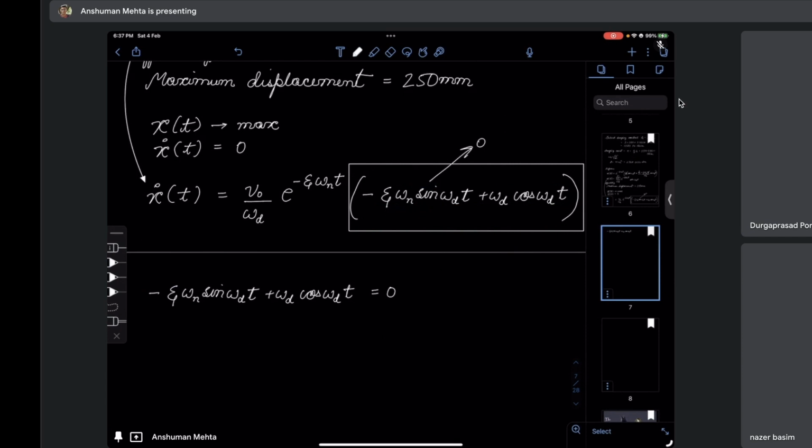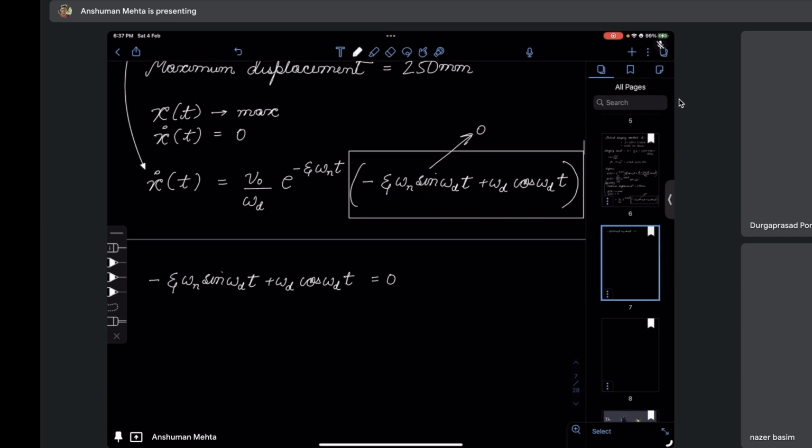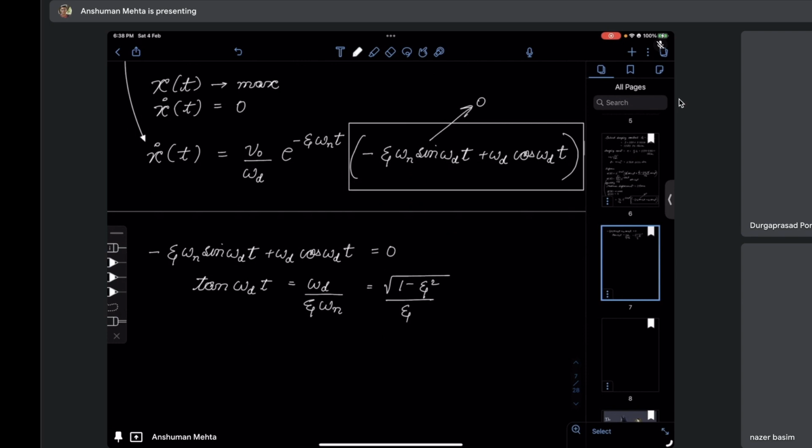Now what is variable here is time, so we can know at what time we will gain maximum displacement. So we can modify it as tan omega d t is equal to omega d by zeta omega n, which will be equivalent to under root 1 minus zeta square by zeta.